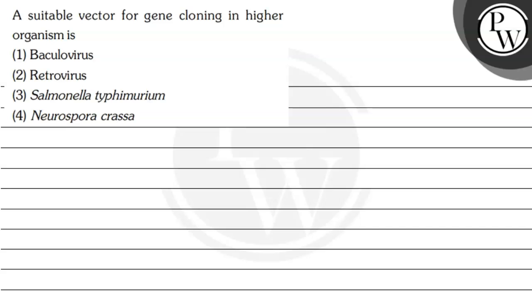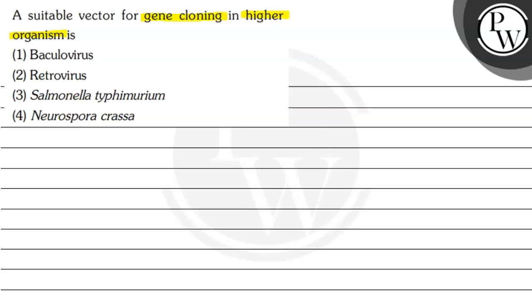So the question says, a suitable vector for gene cloning in higher organisms is. So इन चारों ऑप्शंस में से हमें वो स्पीशीज आइडेंटिफाई करना है जो हायर ऑर्गेनिजम्स में जीन क्लोनिंग के लिए यूज किया जाता है.